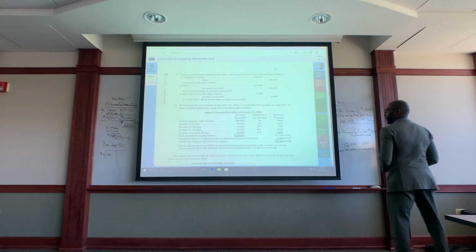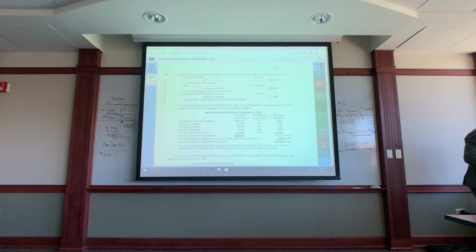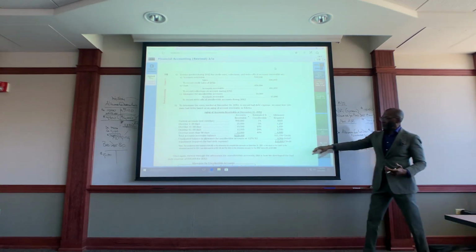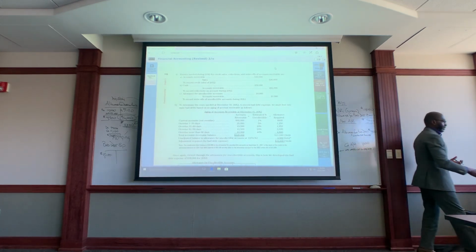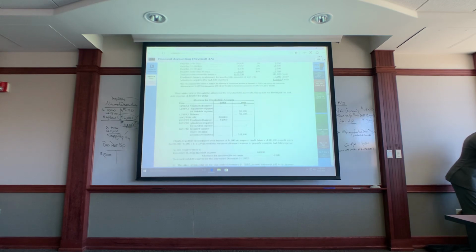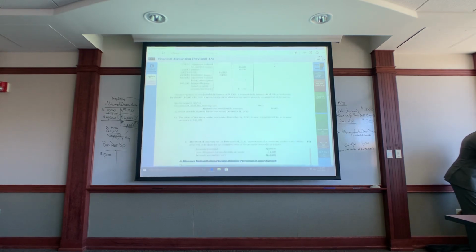Let's look at how your book does it. Your book shows that the adjustment needs to be $16,000 to get us to where we need to be. This is how you do the allowance method.